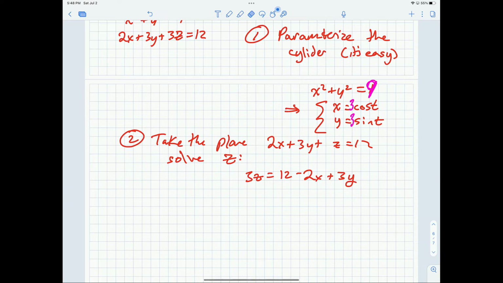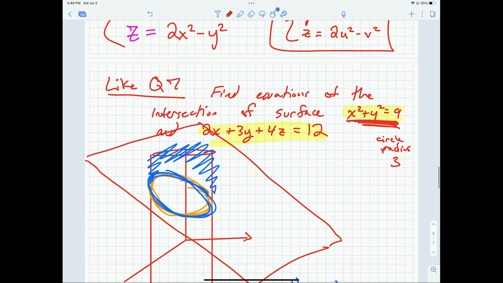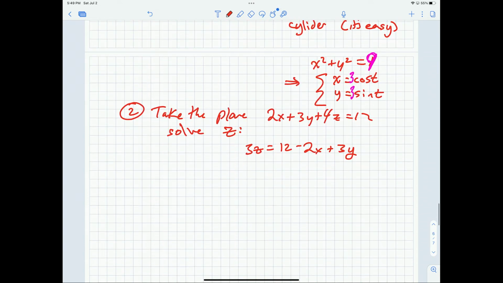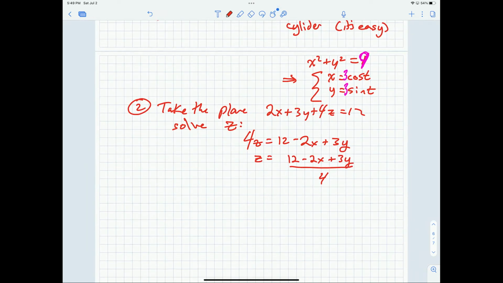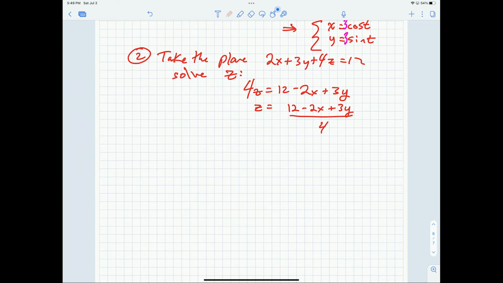Oh, I put a 3 here instead of a 4, because I put a 3 in the plane equation instead of a 4. It was 2, 3, 4, right? Yeah. Okay, so solve for z. You just move everything to the other side and then divide by 4, which we don't need to be fancy about. Just divide by 4. And then at that point, you're essentially done, because you already did two-thirds of it in the previous step.